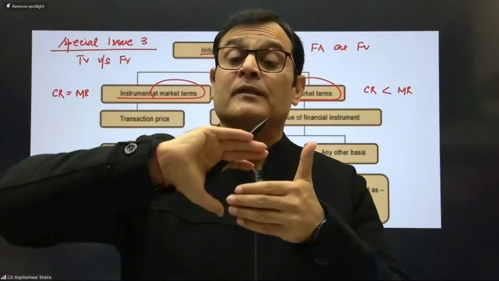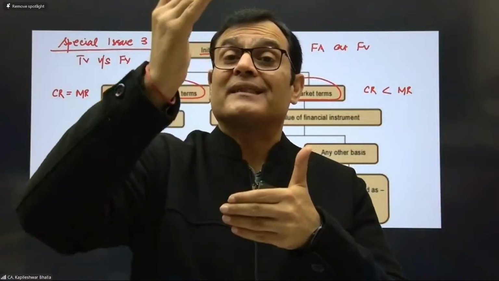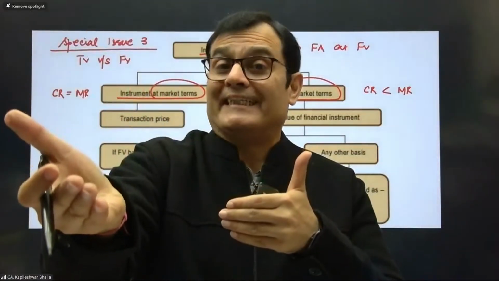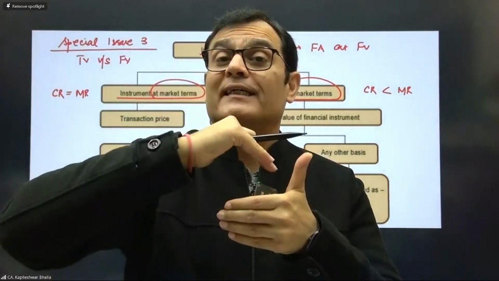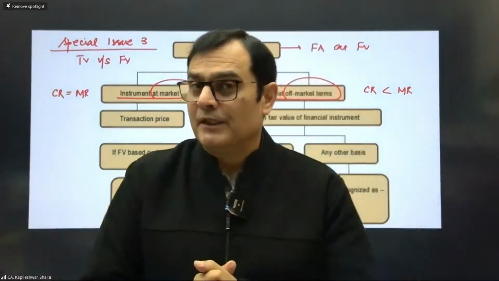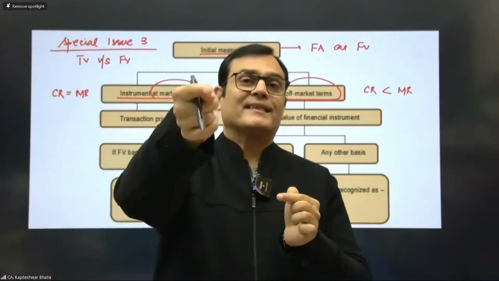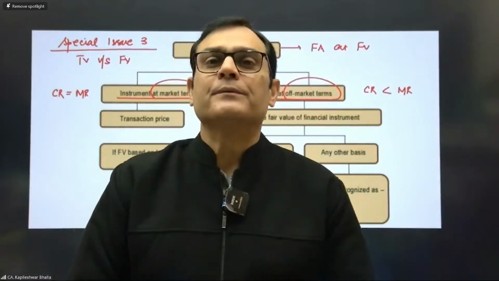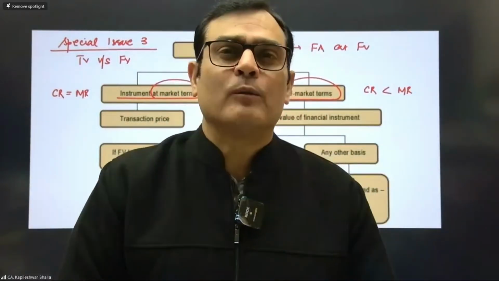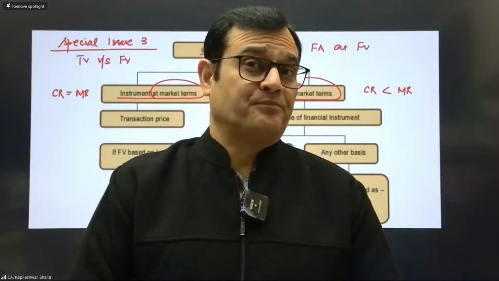Now remember, you are charging interest at 10%, compounding at 10. And when you calculate a fair value, you're going to discount it at 10%, which is the market rate. So if the compounding is at 10 and the discounting is also at 10, naturally the transaction value and fair value will become the same.